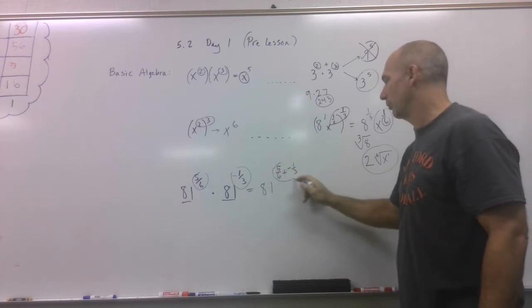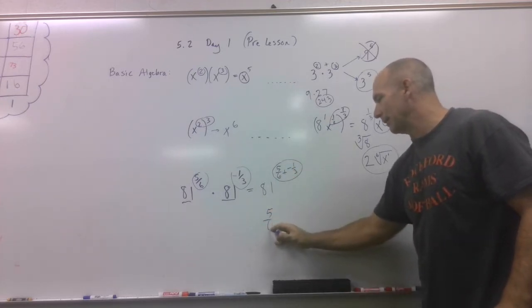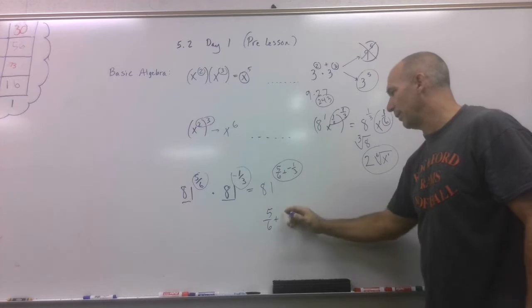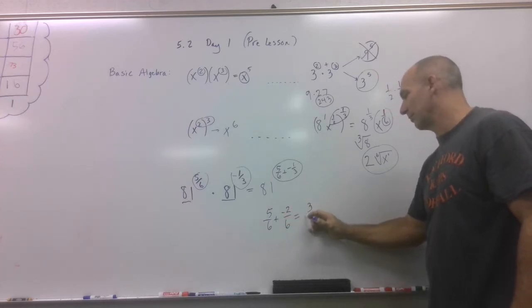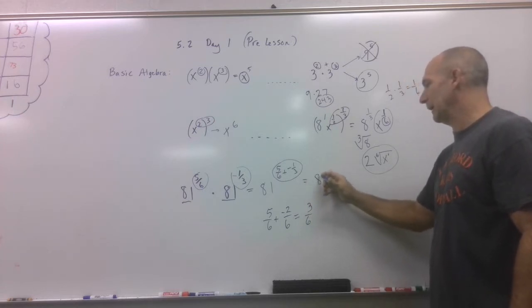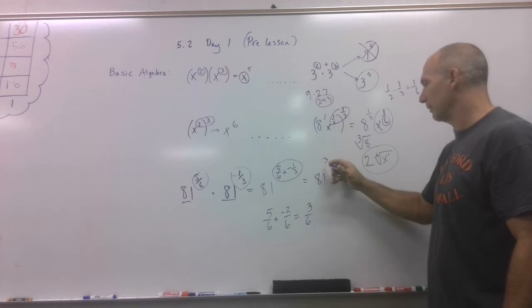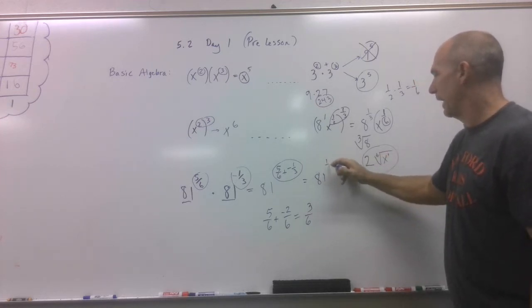So all I have to be able to do is add those. I've got to have common denominators. So negative 1/3 is the same thing as negative 2/6, and that gives 3/6. But don't forget, that's my power. So this is equal to 81 to the 3/6. Well, we might as well reduce that right now to the 1/2 power.